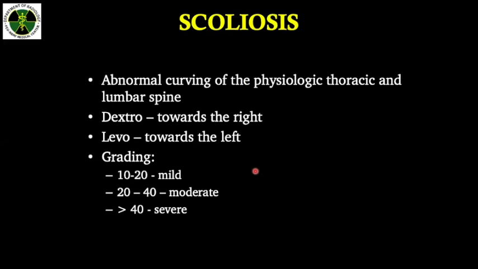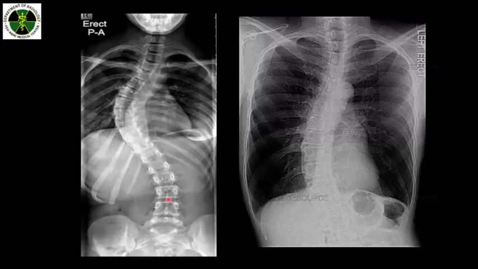Grading of scoliosis is seen here: 10 to 20 degrees indicates mild scoliosis, 20 to 40 is moderate, and more than 40 degrees is severe. That is in Cobb's angle, by the way.